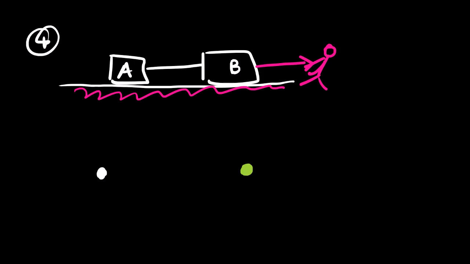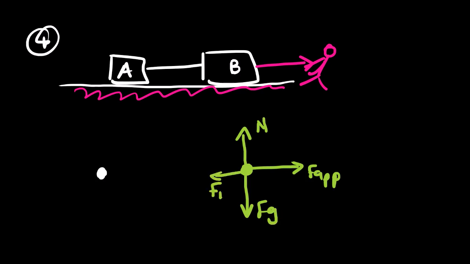Now the first force will be our force applied. The second force will be normal since it's on top of the surface. Then we have Fg, and then we have kinetic friction. Remember, kinetic friction is always opposite to the motion of the object. It's not opposite to the force applied.